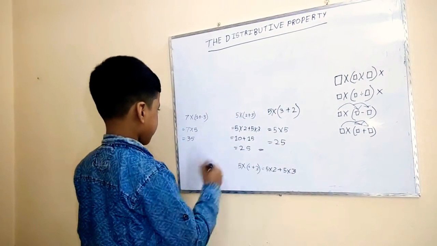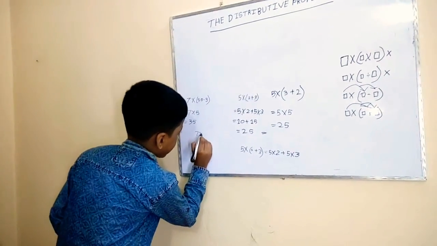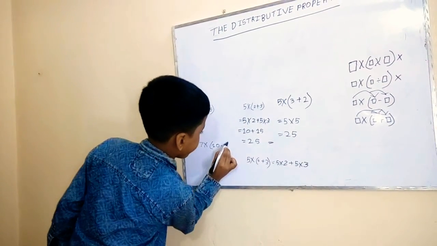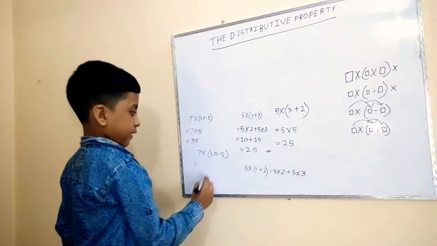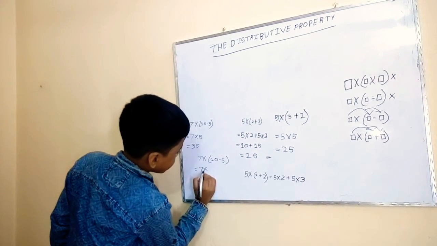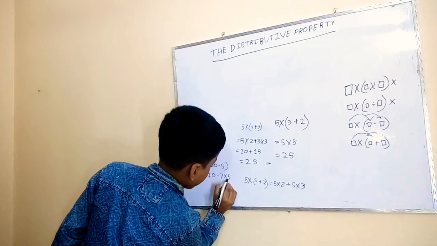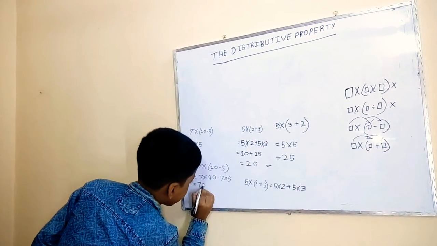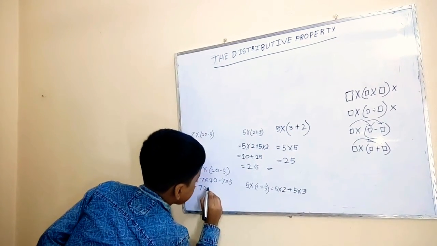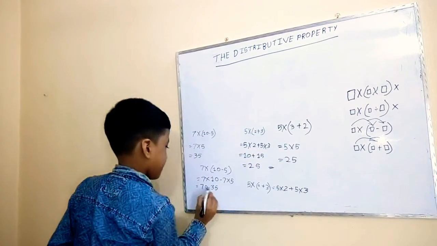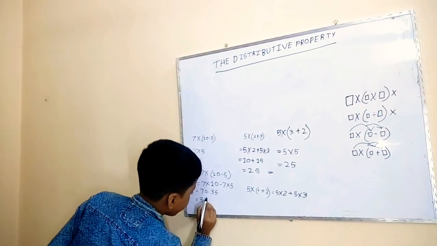Now let's use the distributive property. 7 times the group, 10 minus 5. If I distribute the factor 7, it will give us this, right? 7 times 10 is just 70, and then 7 times 5 is just 35. 70 minus 35 is 35.